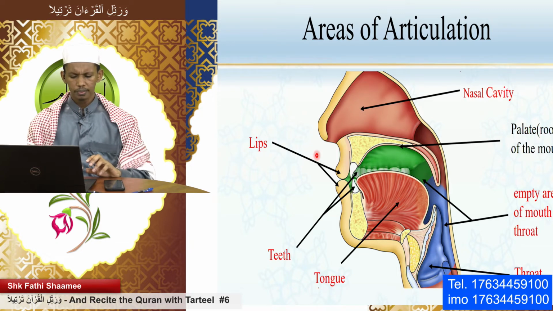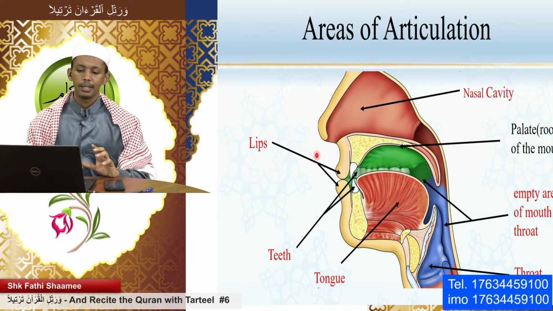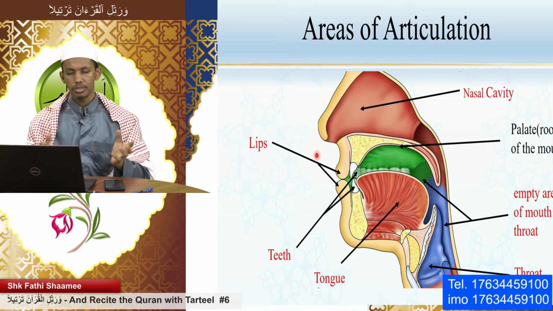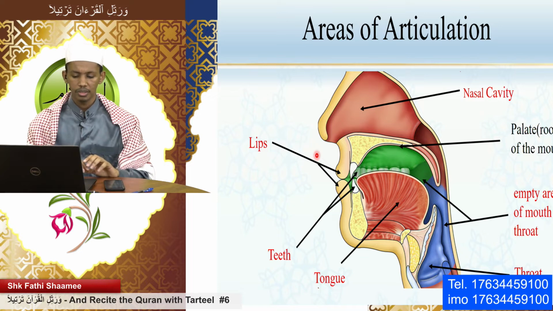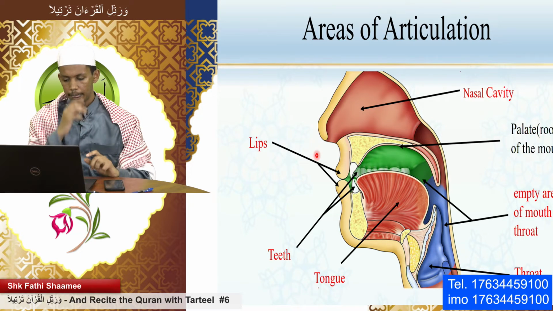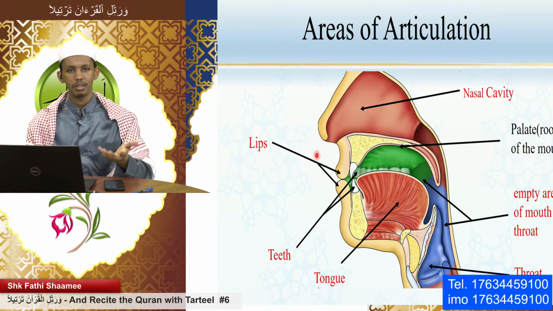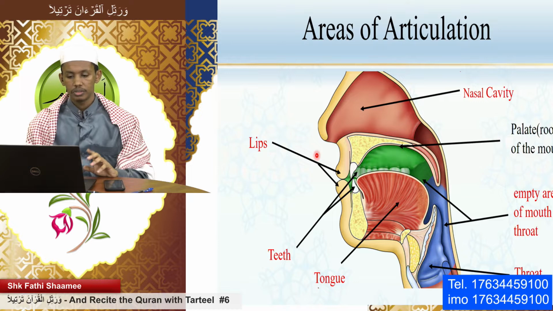And the reason for this differing is that a lot of these makharij are so close to each other. Some scholars count them as one instead of two. If you count it as one, that reduces the number of articulation points. Like if you count 2 makharij as one, then it's now 16 instead of 17. So that's why the scholars differ.